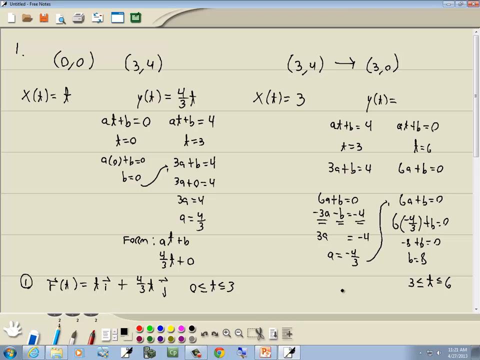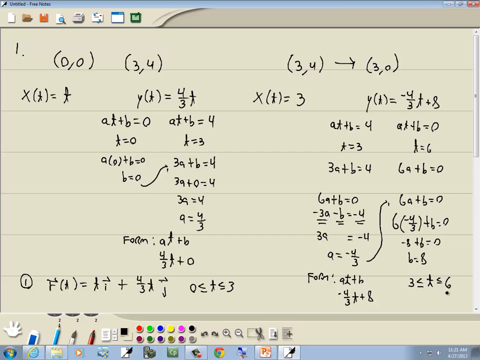Which means our form is going to be at + b. Well, a we said was -4/3, so -4/3 t + b, which is 8. So that implies that y is -4/3 t + 8.